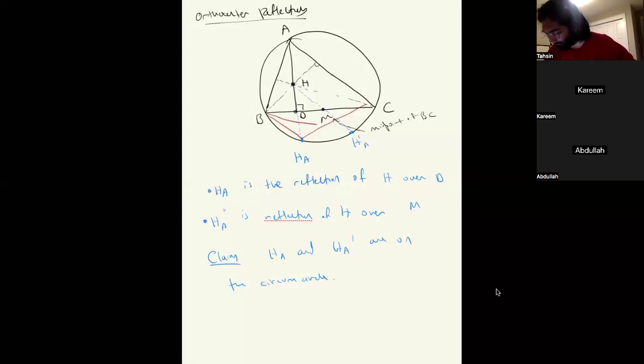Both of these angles will be equal to this one, and then you can calculate, and it'll be 180 minus A. So the angle is 180 minus angle A. That's how the proof goes. Great, so this is a pretty common lemma.